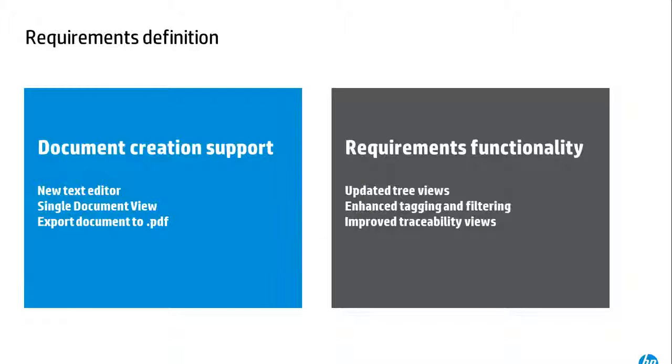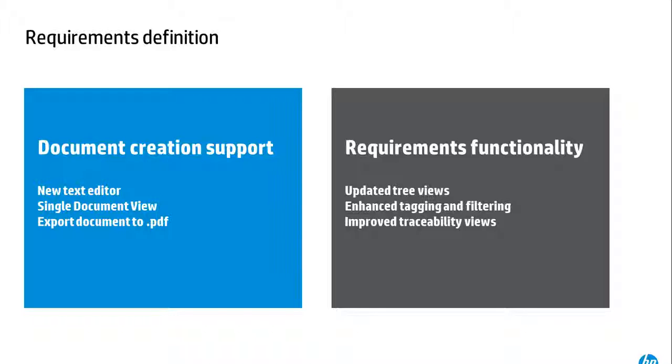So let's talk about what some of the features are that are currently available on the web client today. One of the areas that we spent a lot of time on is around requirements. And to be specific, it's around requirements definition. If you take a look at the product today, we have a lot of what I call administrative capabilities around requirements.